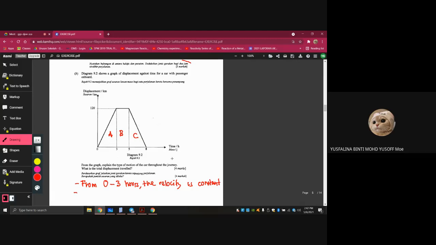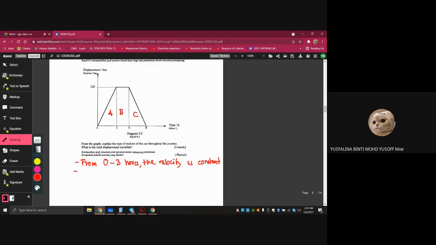Then from 3 to 5 hours, the velocity is 0, or you can put it's not moving, it's at rest. Velocity 0 means the object is at rest.